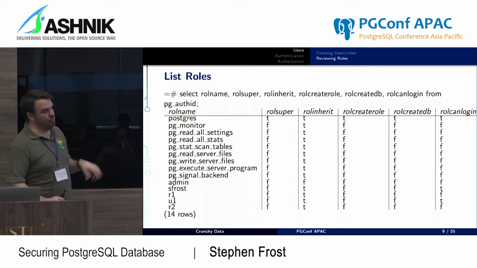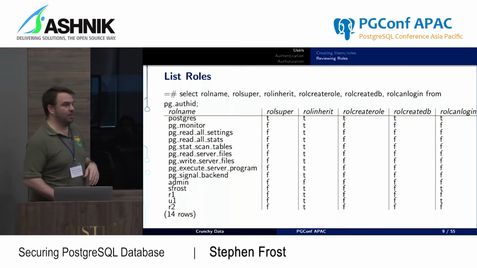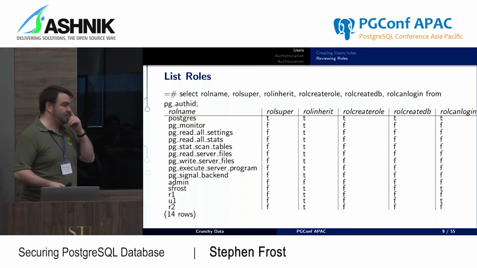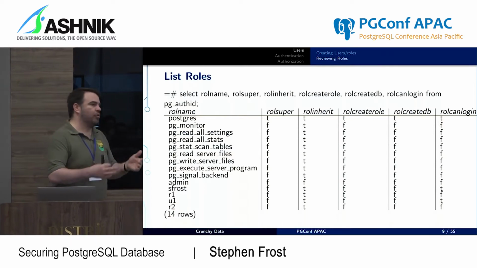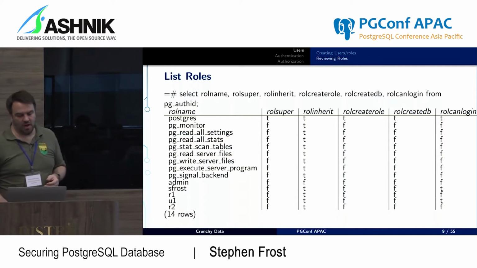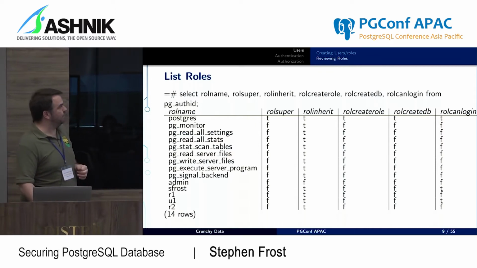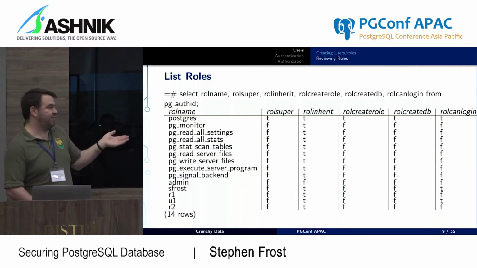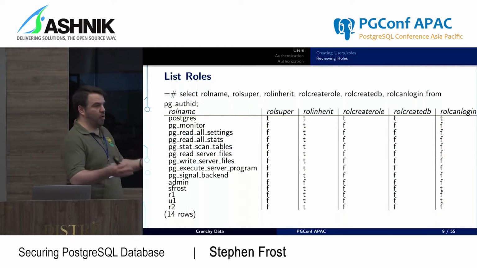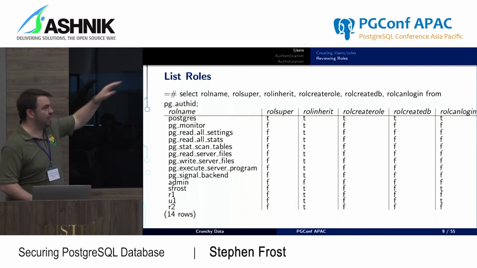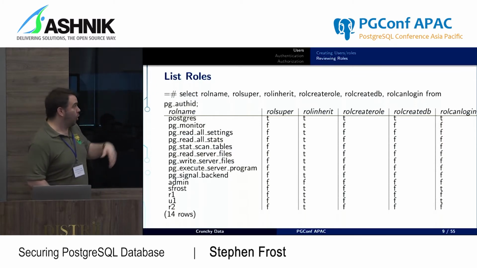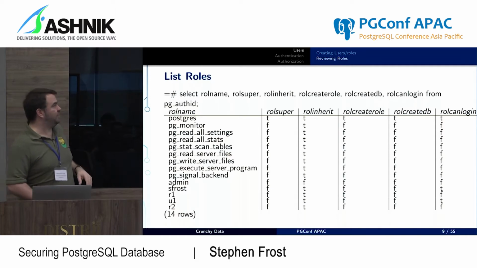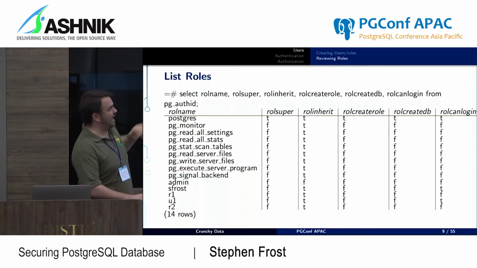And this gives you the information that you need to be able to do monitoring of the database in a deeper way than a regular user is able to. So that's something that can be pretty handy. So particularly being able to read all of the stats from all of the tables, right? To be able to collect up all of that information, right? You can do that with that pg_monitor role. Or you can grant that out explicitly, just pg_read_all_stats.